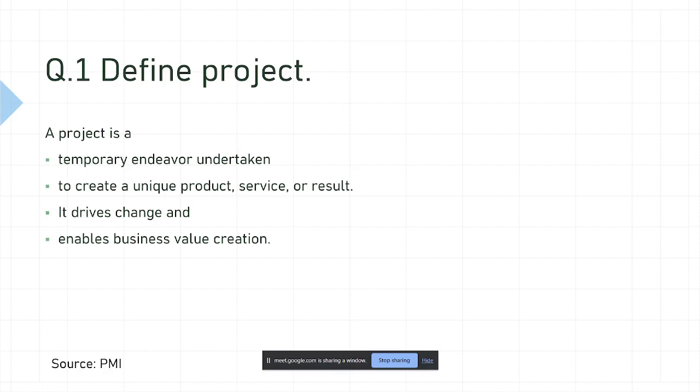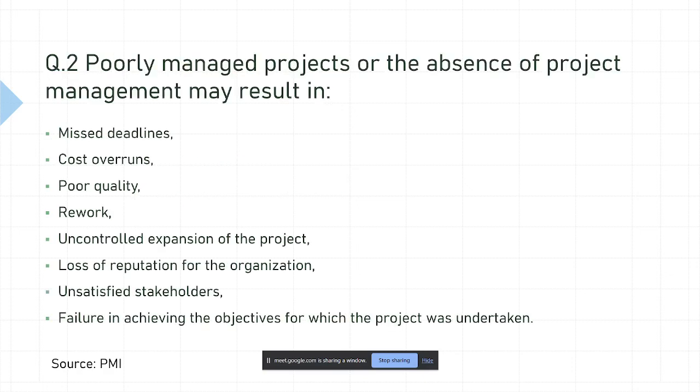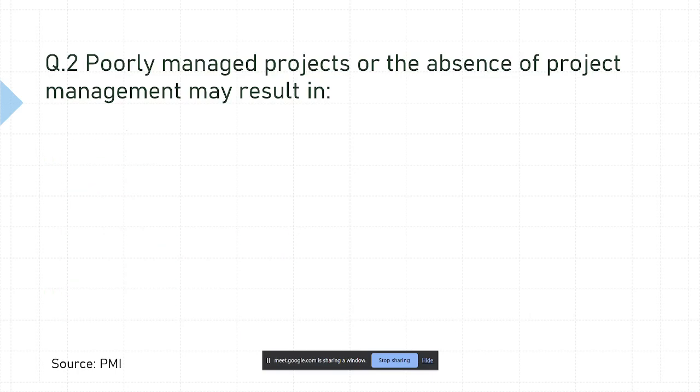Should I move on? Okay, moving on. Poorly managed projects. If you have been on site, or have tried to manage any project, even your own, you know that poor management happens. What are the problems caused by poor management? The cost will go high and the time duration will also increase for the project.